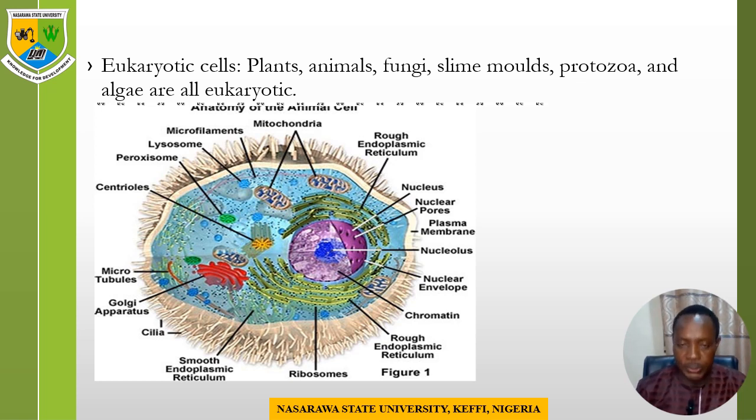We have it in eukaryotic. In the nucleus, you have the pores, the membrane, and then you have the nucleolus and the nuclear envelope. All these are not found in prokaryotic because this is a well-organized system where the cellular inclusions and the cellular bound organelles, including the nucleus, are found.